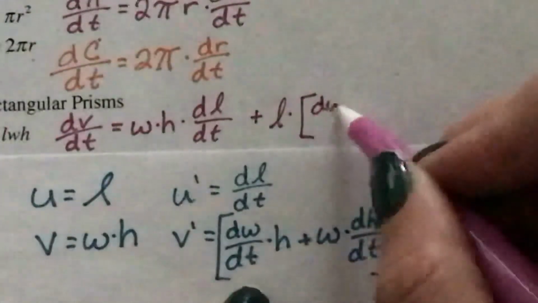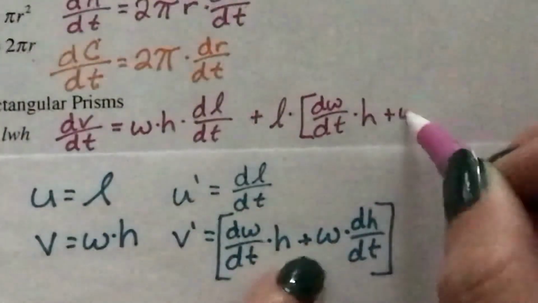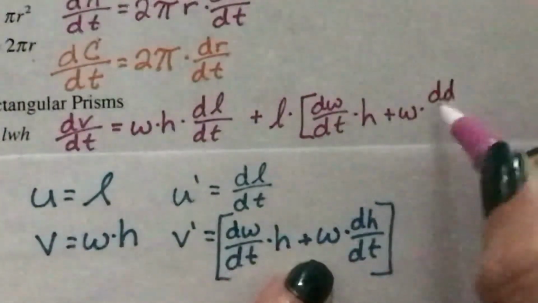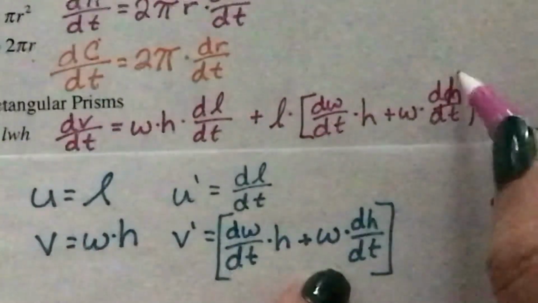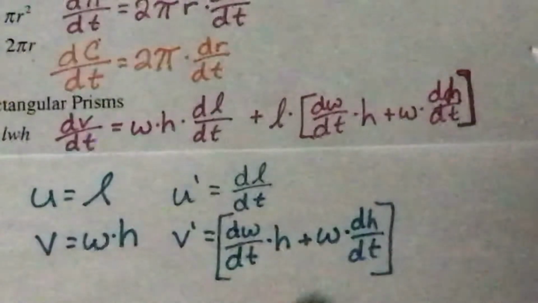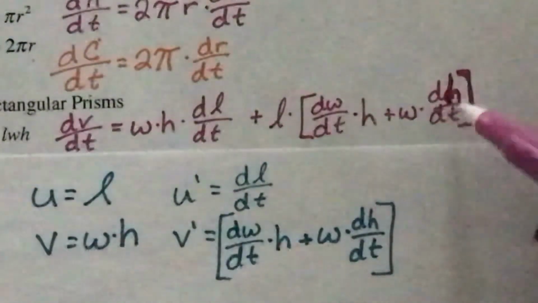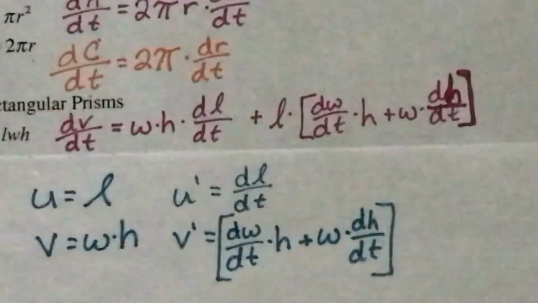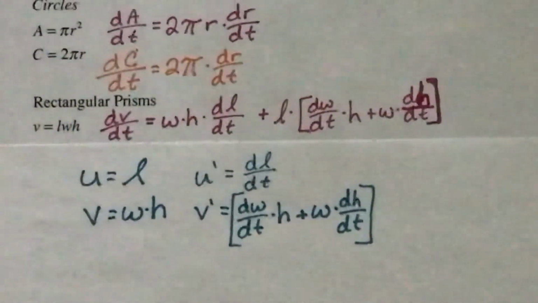Bracket was dW dt times H plus W times dH dt. Whoops, dH dt. All right, there is no extra simplification that you need to do on that.